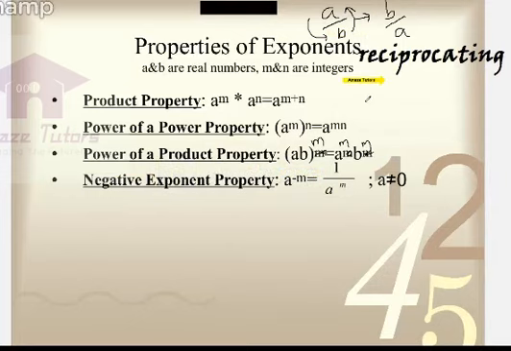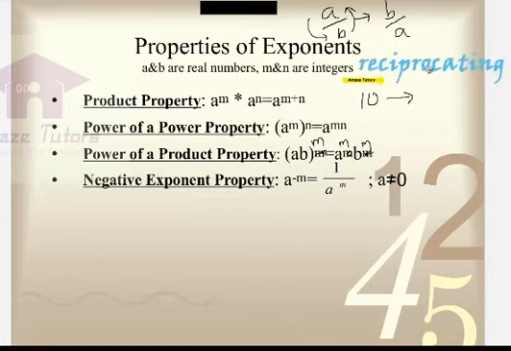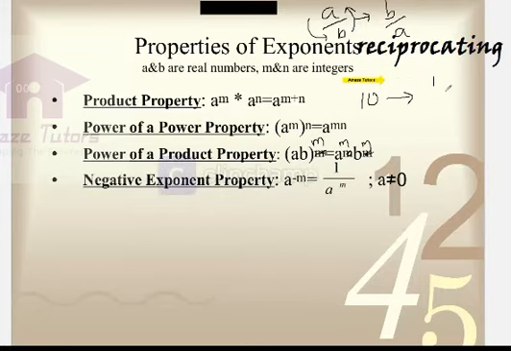If you are reciprocating a whole number, for example 10, the reciprocal of this is 1 over 10. That's all, because any whole number is a fraction with denominator 1. When I reciprocate 10 by 1, it becomes 1 by 10.